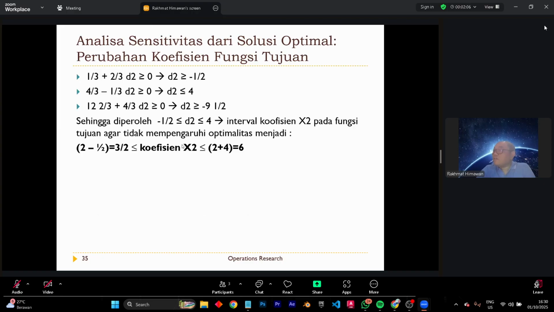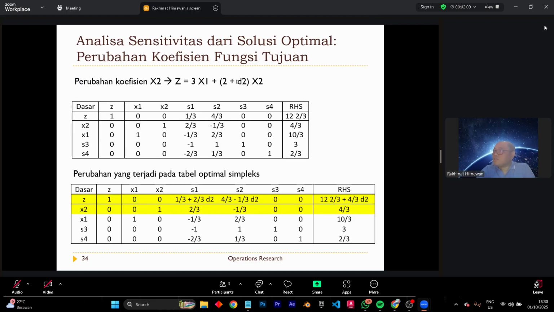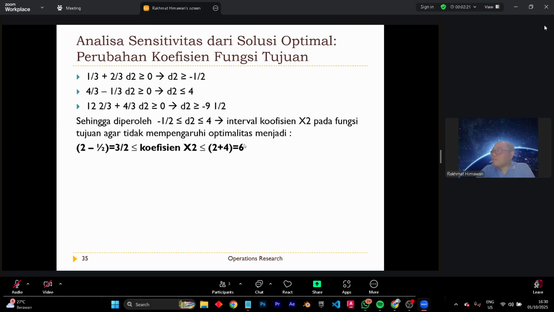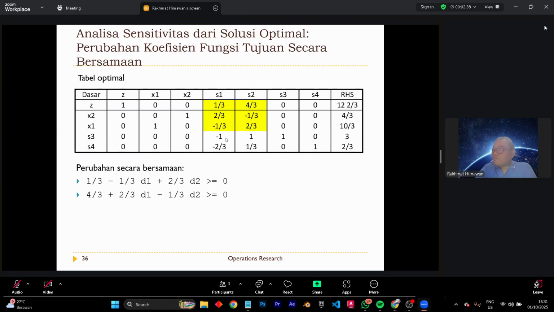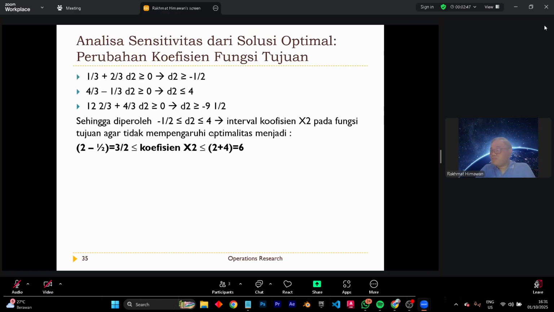But if we increase, which is what the manager and the client usually like, how much can we increase from two for the same optimality? We can increase until 6,000 and still get the same optimality. If it's more than 6, you need to rerun the program to get the new optimality. And if it's both, still the same. The same way applies to find out D1, D2, and the range.